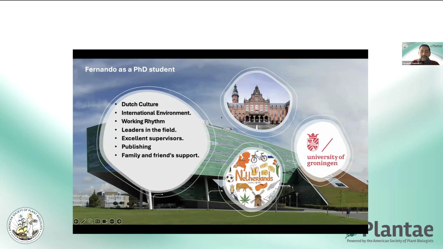Two of the panelists are in the Netherlands, and I'm not sure if this applies to everybody, but what I liked about choosing the Netherlands is that it's a really international environment, which is really good. In my lab during my PhD, there were not a lot of people from the Netherlands, so they are more international.